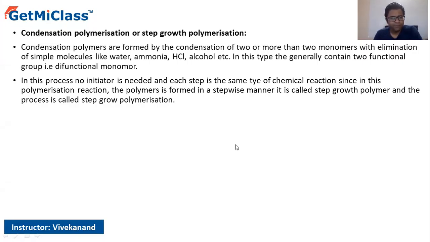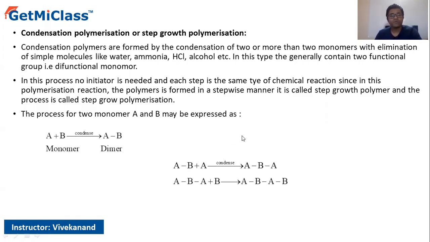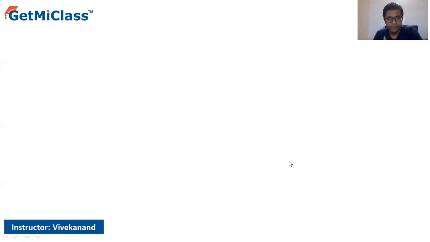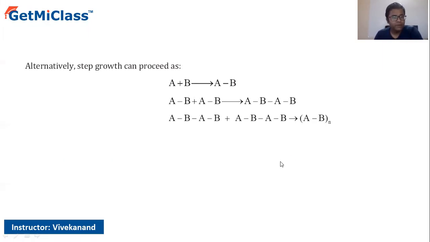Therefore, we can express this entire sequence in two different manners. The monomers condense to give us a dimer, and this dimer reacts with another molecule, and it goes on increasing in every step.